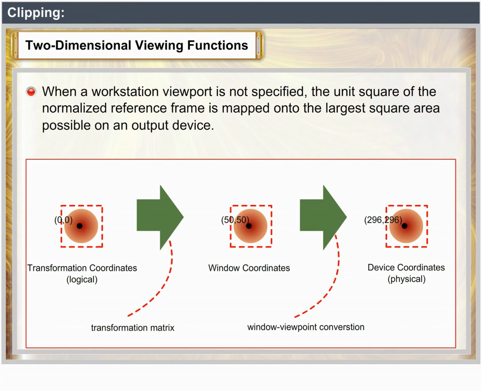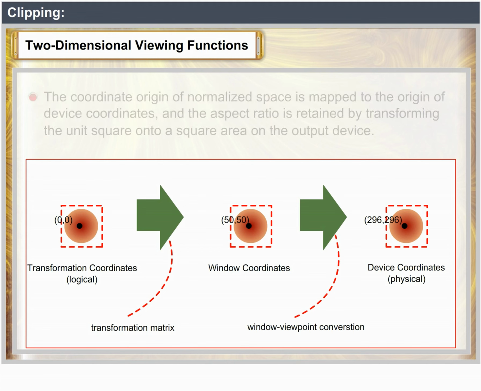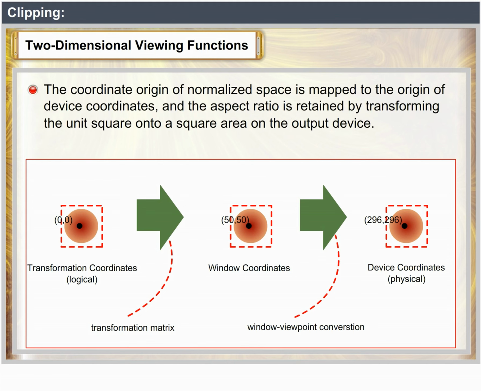If a workstation viewport is not specified, the unit square of the normalized reference frame is mapped onto the largest square area possible on an output device. The coordinate origin of normalized space is mapped to the origin of device coordinates, and the aspect ratio is retained by transforming the unit square onto a square area on the output device.